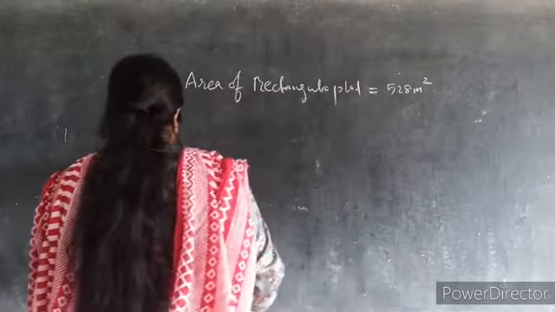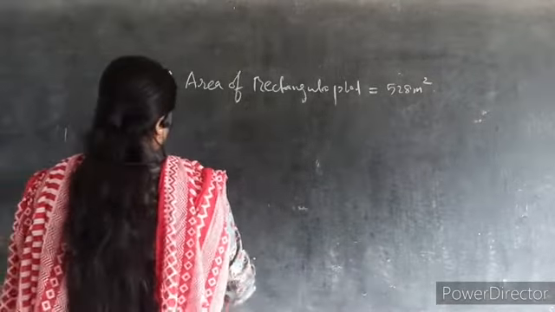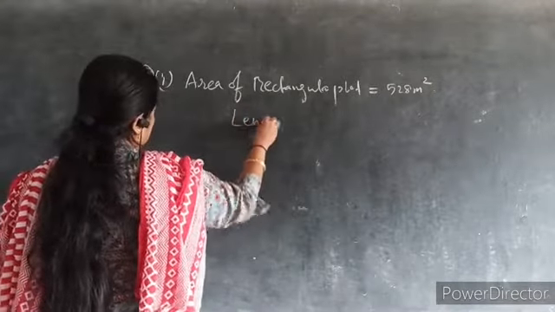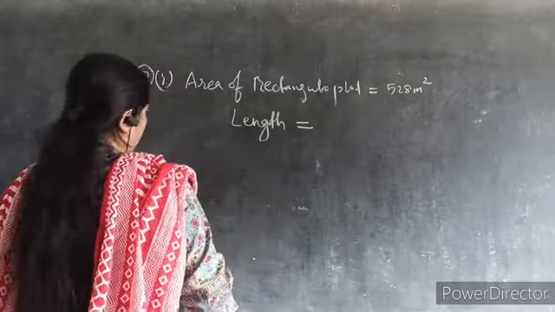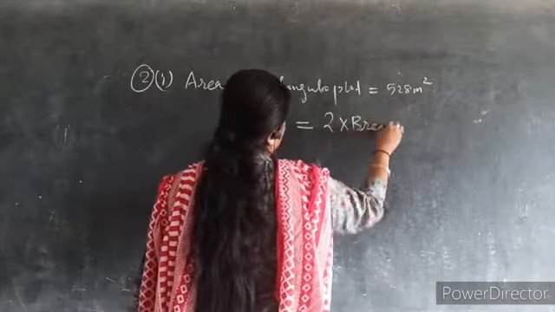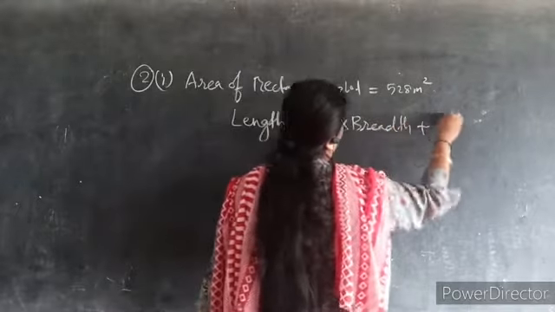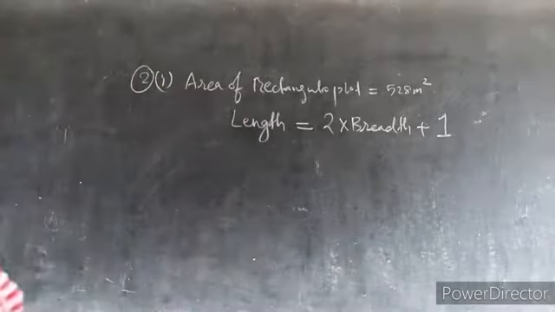Okay. And the length of the plot is 1 more than twice its breadth. So your length is given 1 more than twice its breadth. That means 2 times breadth plus 1, isn't it? So it is given what? 1 more than twice its breadth.